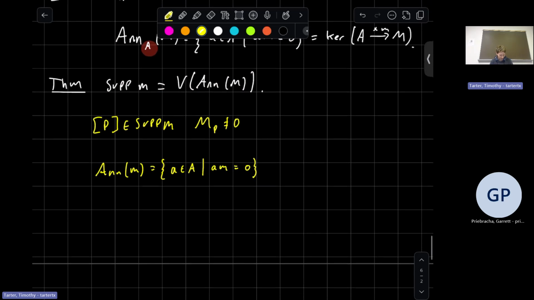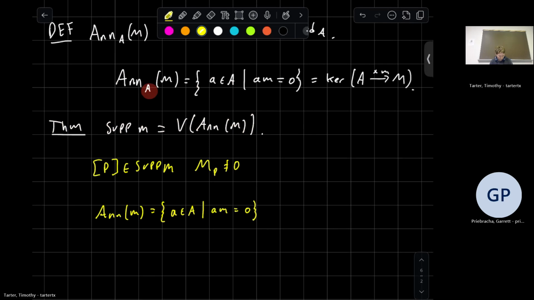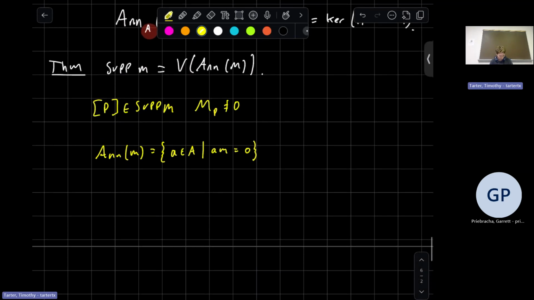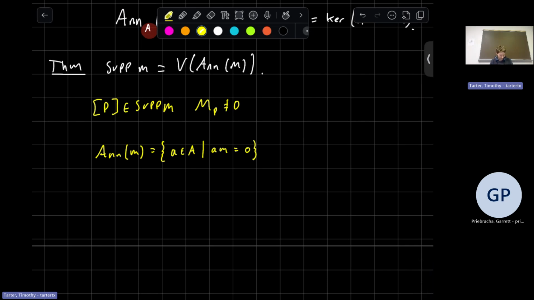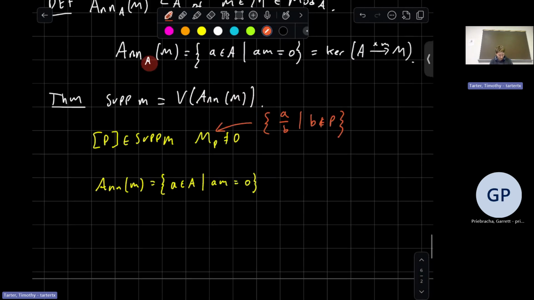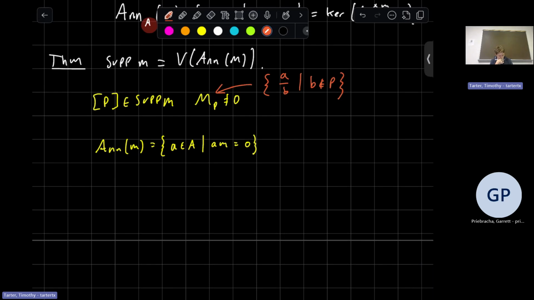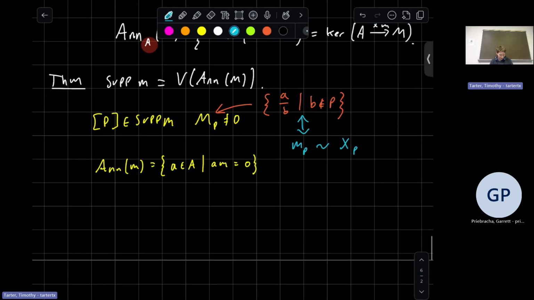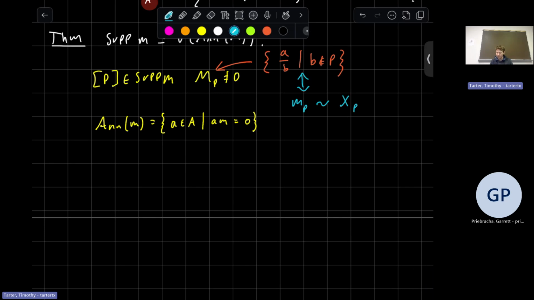Well, the vanishing of this would be the set of all a over b such that b is not in P. And so M_P corresponds to the vanishing on P for some scheme X. But then the vanishing on P is really going to be in the annihilator.